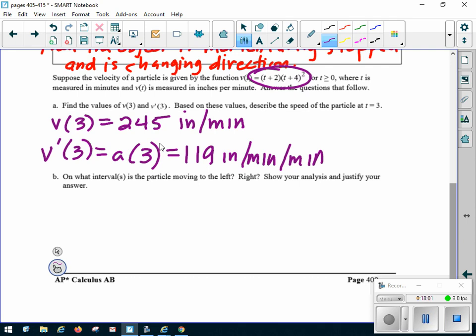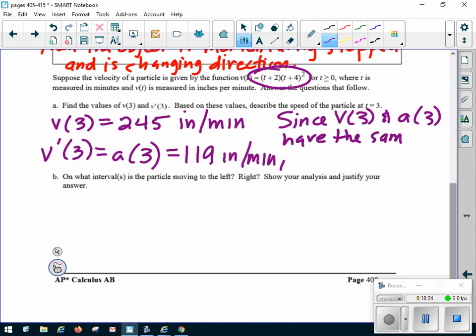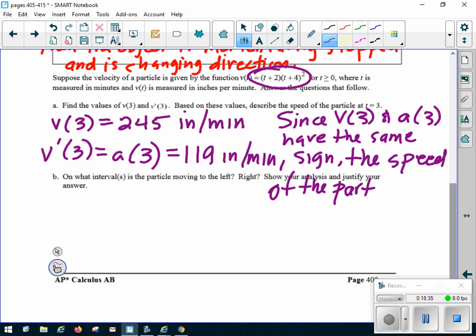So let's talk about speed. Why is the speed increasing at 3? Right. So since v of 3 and a of 3 have the same sign, the speed of the particle is increasing at t equal 3.